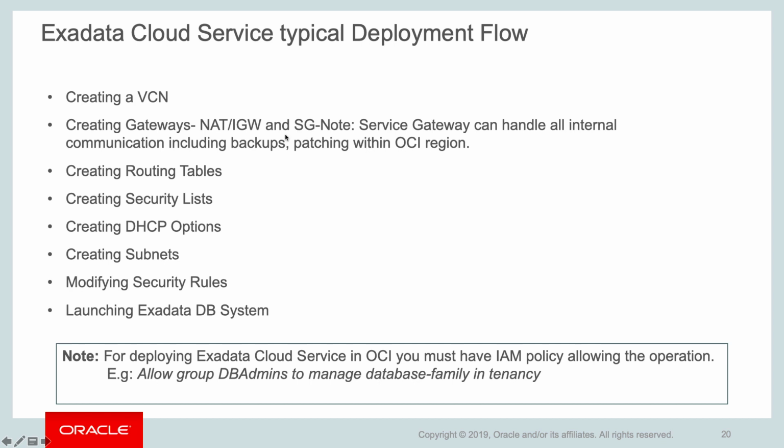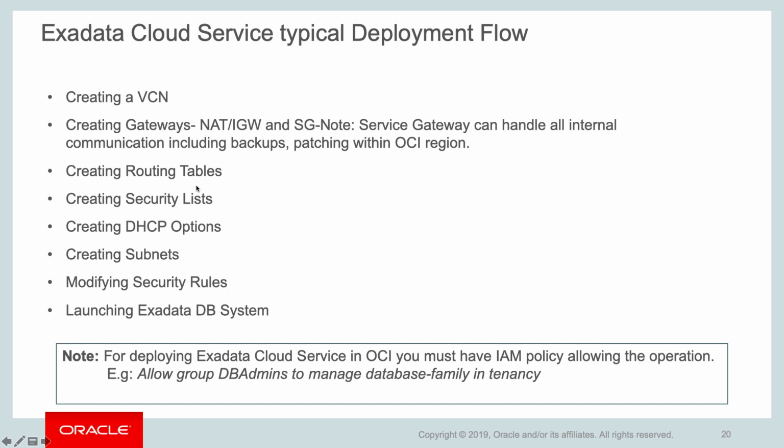So you don't necessarily have to create a NAT gateway or internet gateway for deploying Exadata Cloud Service. There could be a need when you want your Exadata nodes to talk outside, and in those situations you can create a NAT gateway, which will provide you internet access over a private subnet.